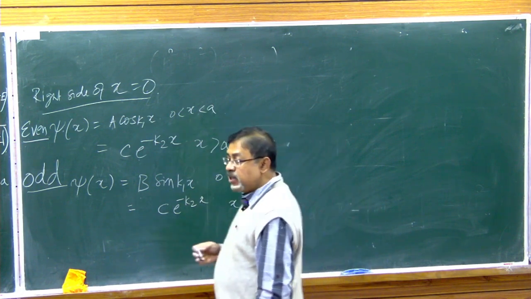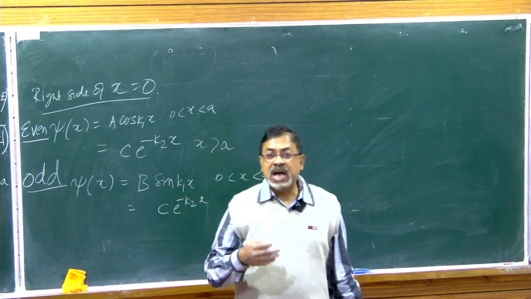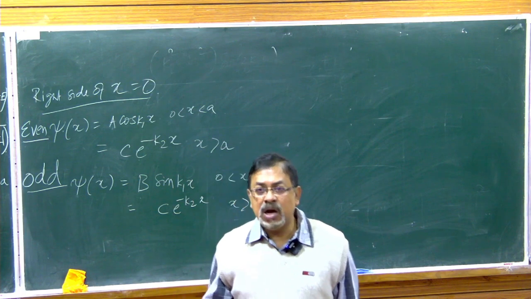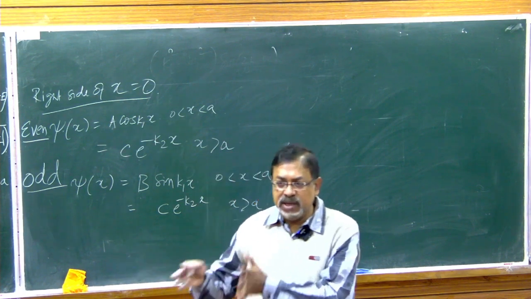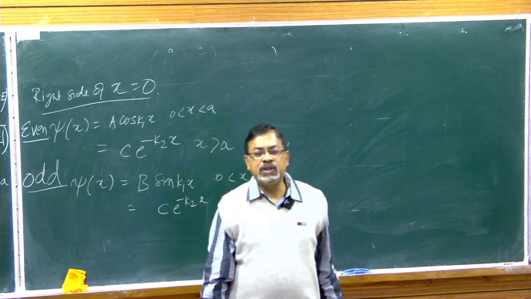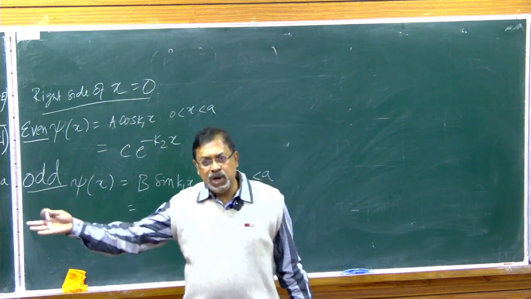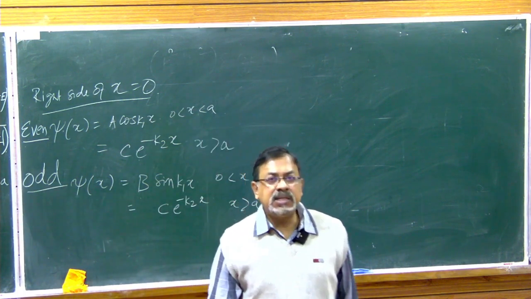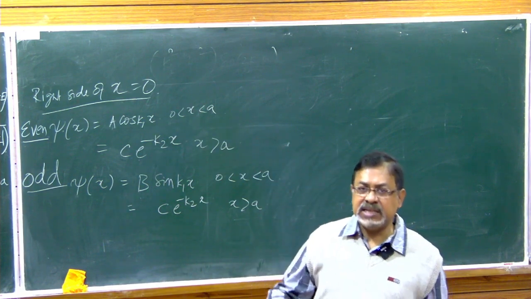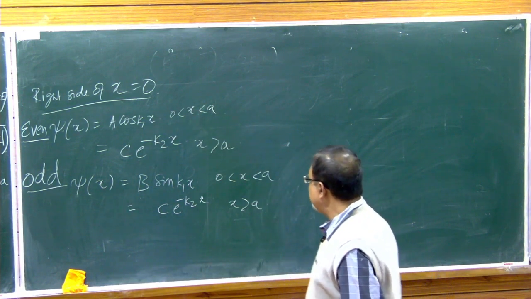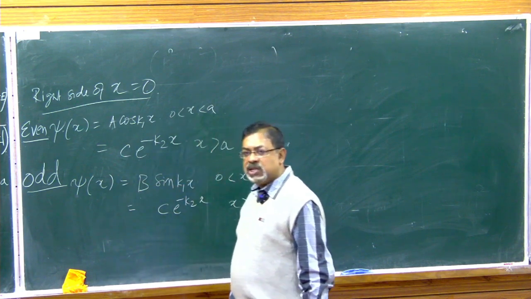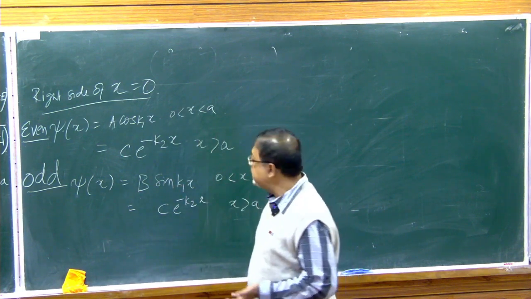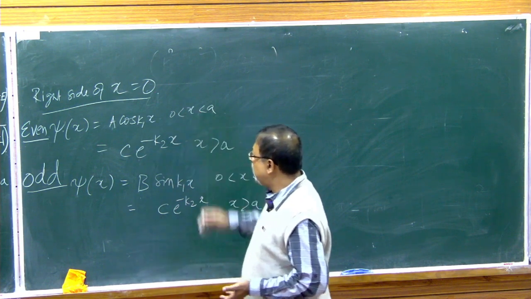What are the boundary conditions? Psi would be continuous across x equal to a, because we are just considering the right half of the well, and d psi dx will be continuous at x equal to a. You can do that by applying the boundary conditions on both the even solution and the odd solution.